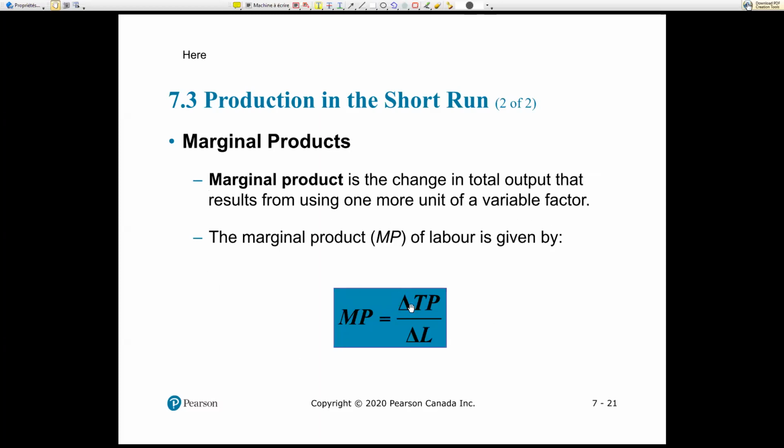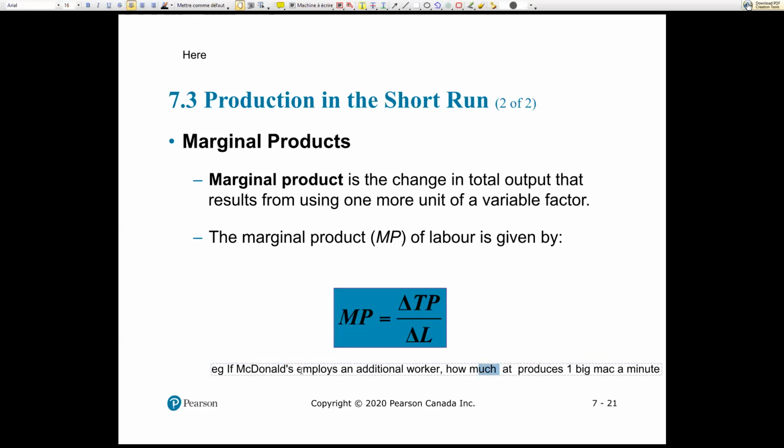So we write it this way. MP, marginal product, is delta, the change, the increase in total output, so F of L and K, divided by the increase in L. If we go back to our analogy, this would be: if McDonald's employs an additional worker, how many Big Macs will be produced?